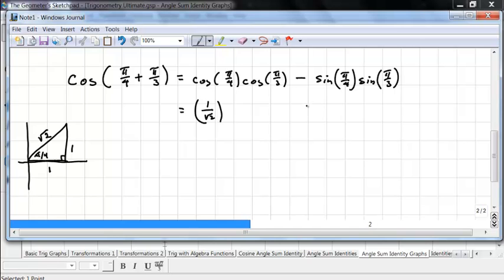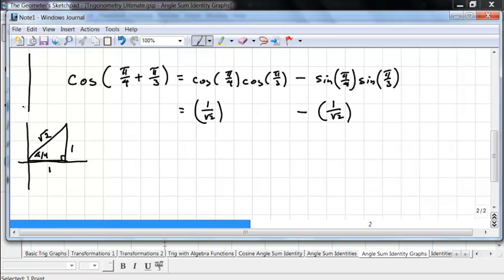Okay, and the sine of that angle is also 1 over square root of 2. Okay, now what about pi over 3? Pi over 4 is 45 degrees. Pi over 3 would be 60 degrees.